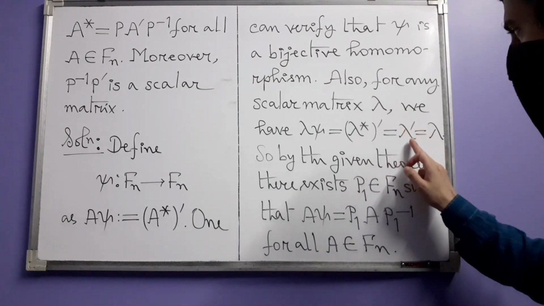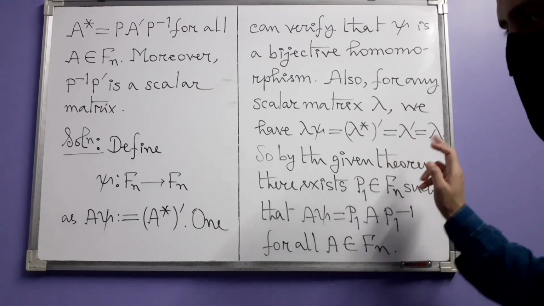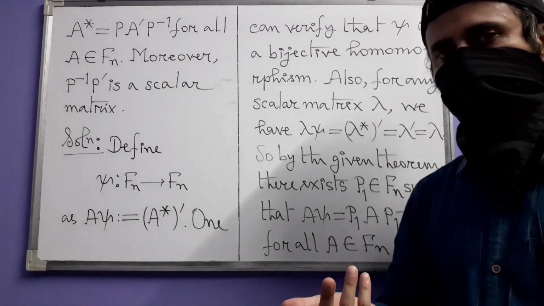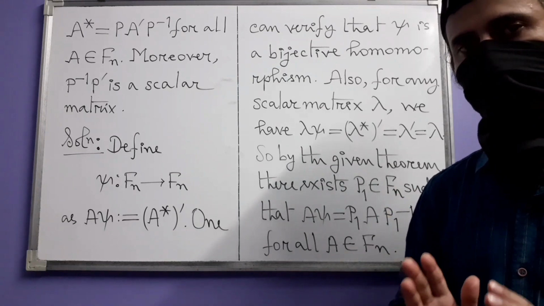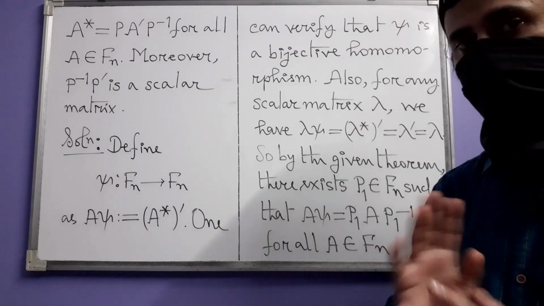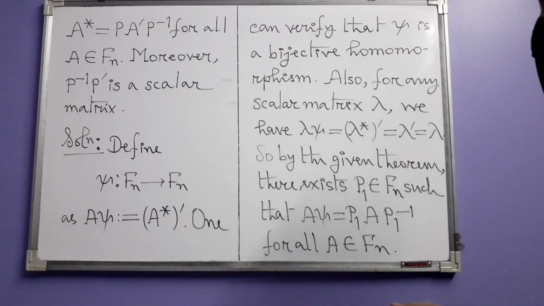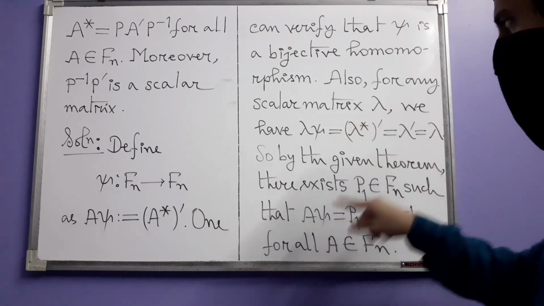So that means you are looking at the transpose of a scalar matrix, which is lambda itself. If you take transpose, what do you do? You interchange rows and columns. That has no effect on not just scalar matrices but in general diagonal matrices. So nothing changes. So that way psi also fixes every scalar matrix.